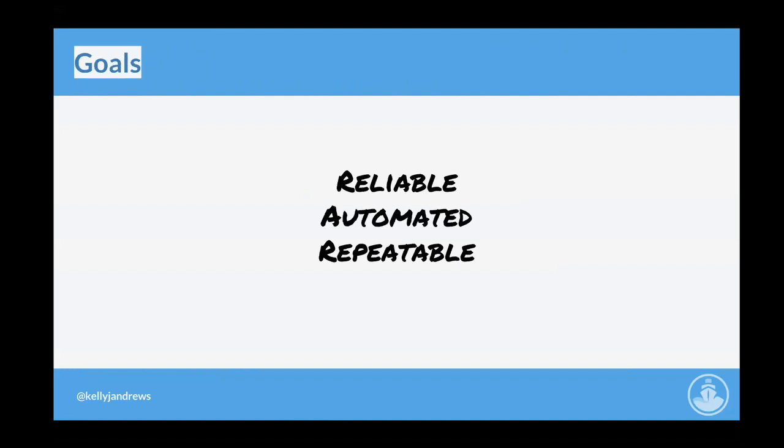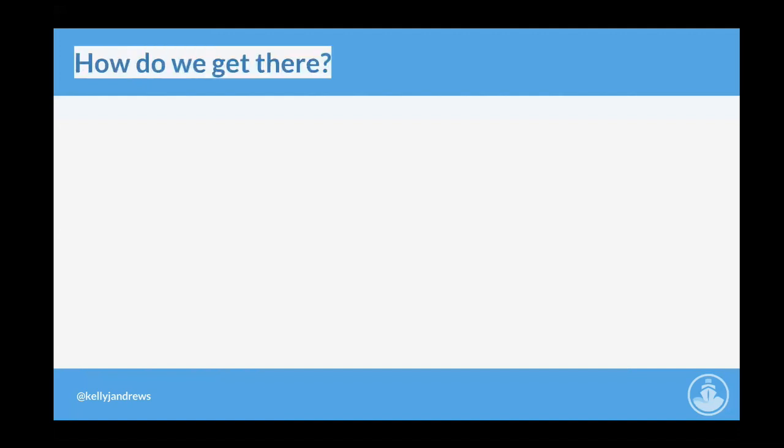And repeatable. I need to be able to do this every single time with the exact same result without question, knowing that if I get 100% successful tests, I'm good to go. That's the confidence level you're aiming for. Not everybody's going to get there, and you're not going to get there right away, but that's the direction. So how do we actually get there?